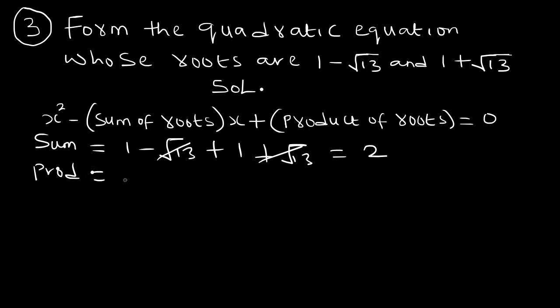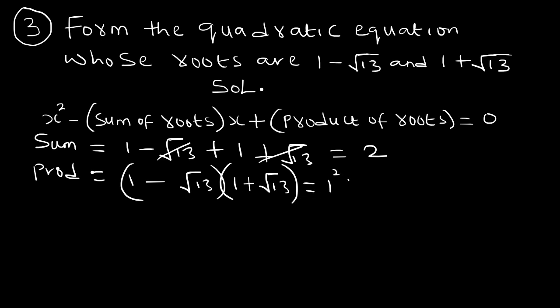Our product, we have 1 minus root 13 multiplied by 1 plus root 13. So if we expand this, we'll have 1 times 1 is 1 squared. 1 times root 13 plus root 13 minus root 13 times 1 is minus root 13.